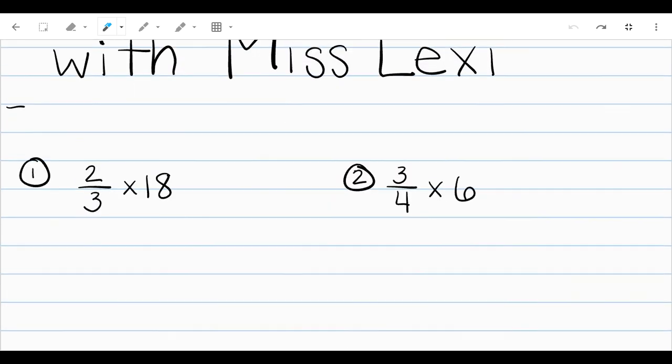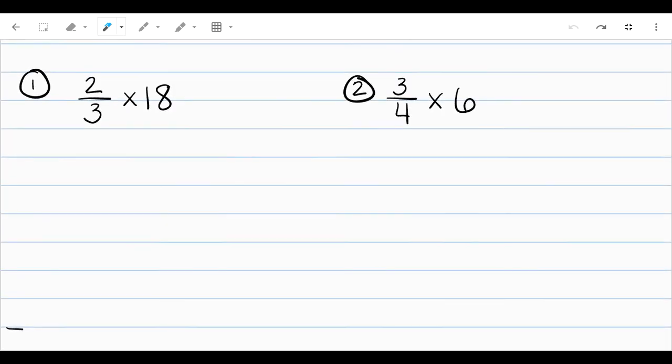Okay, so the first two we're going to look at are just a fraction times a whole number. When we multiply a fraction times a whole number, we want to make that whole number into a fraction. Any whole number can be placed over 1 to make it a fraction.